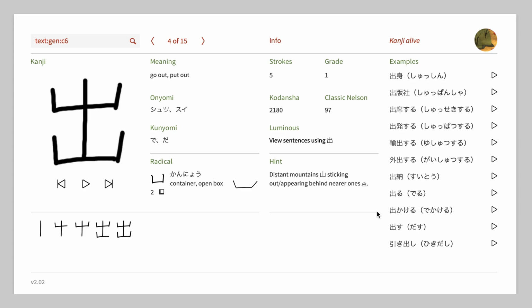Deru is more like just the physical act of stepping outside. Dekakeru seems like a bigger process, like you're going out to go someplace. Dasu, using the same kanji but with a different hiragana to complete it as a verb, means to put something out, send something out, or take something out.